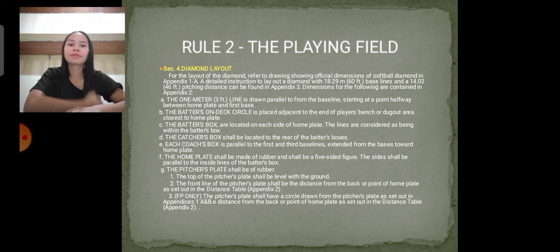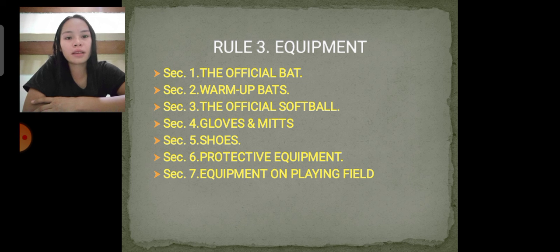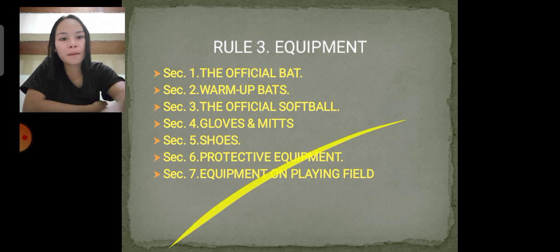Next, diamond layout. Next rule, we have the equipment. Rule number 3. Section number 1 entitled the official bat. Number 2, warm-up bats, the official softball, the glove and limits. Number 5, shoes, the protective equipment, as well as the equipment on the playing field.